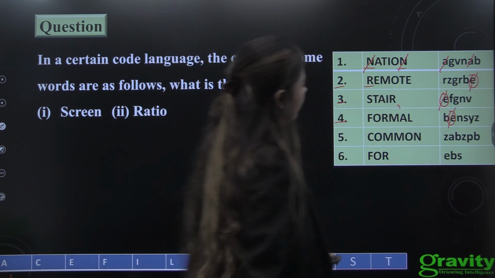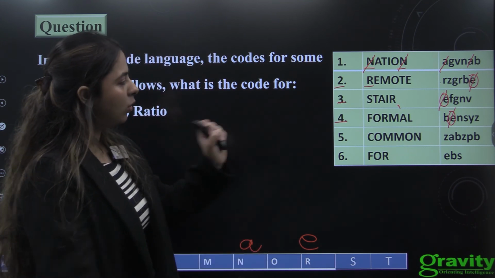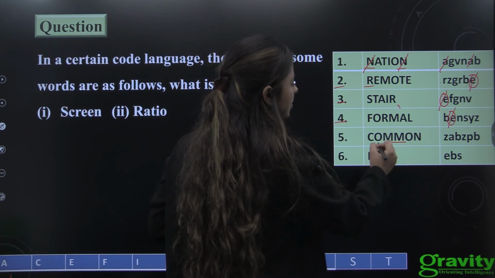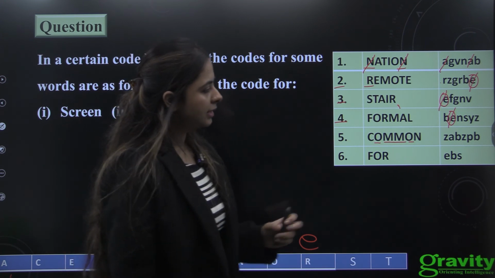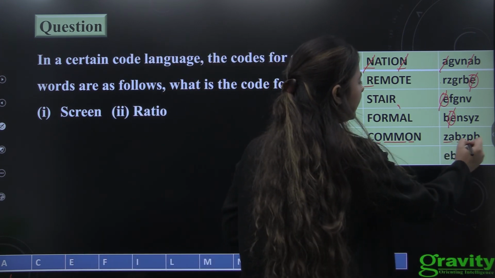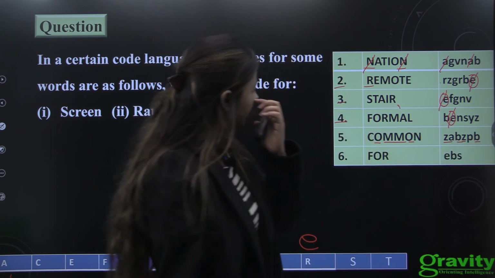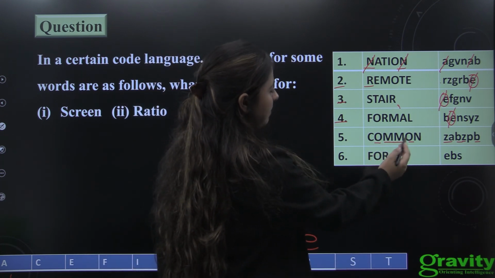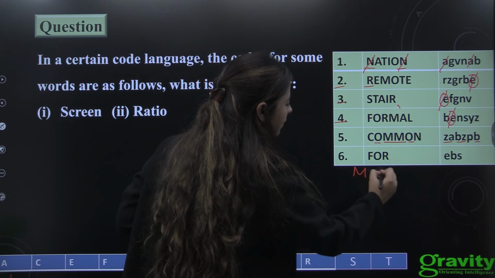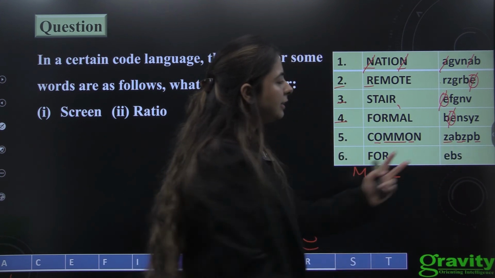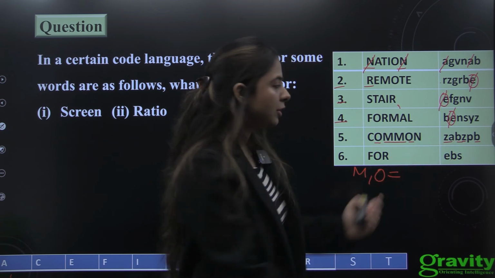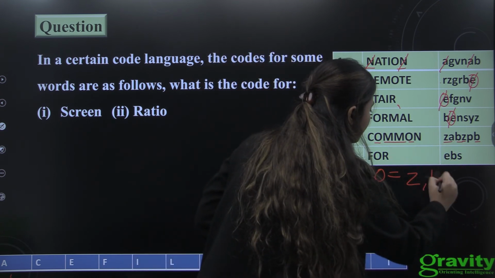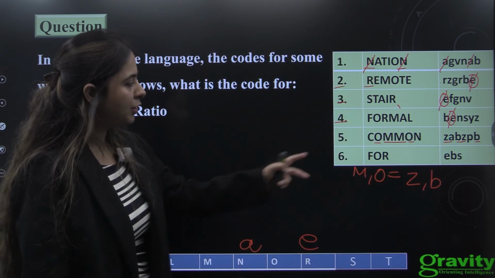Cancelling E now. Let's look at M and O in 5. M comes twice, O comes twice. The letters coming twice are Z and B. Let me explain for the ones who have not got it yet. So M and O twice here in the code. So M and N could be Z/B. We do not know yet.